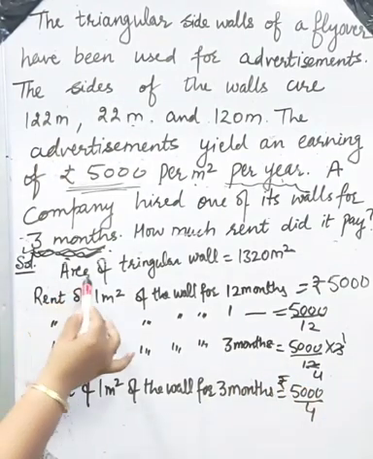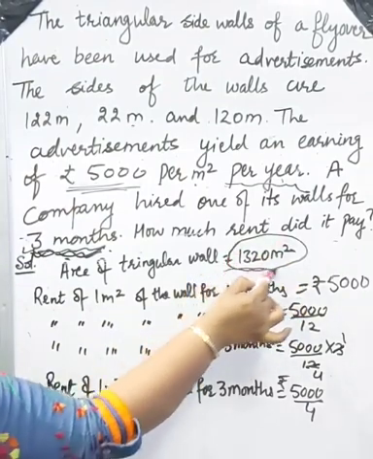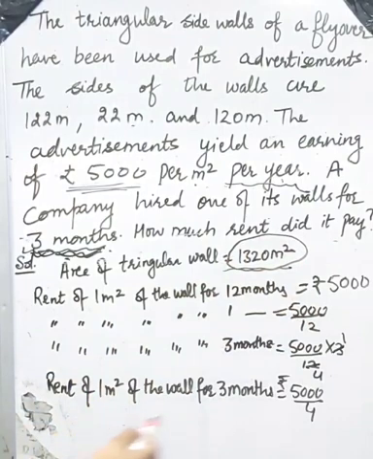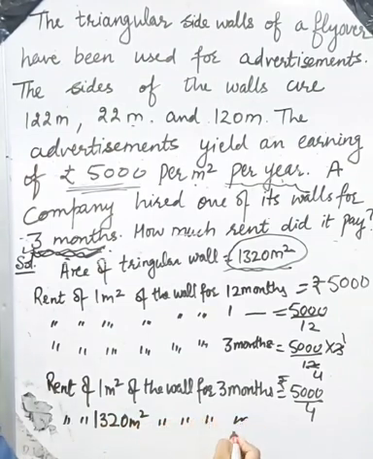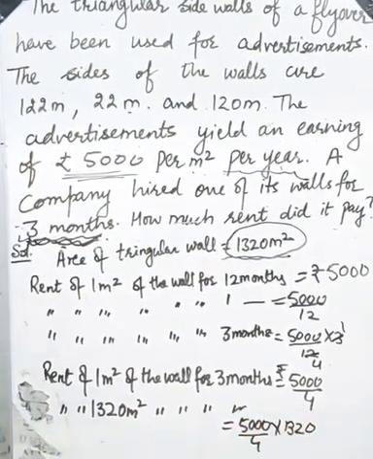Now we have to find the rent of 1320 meters square for 3 months. Now the rent of 1320 meters square of the wall for 3 months equals 5,000 by 4 into 1320.